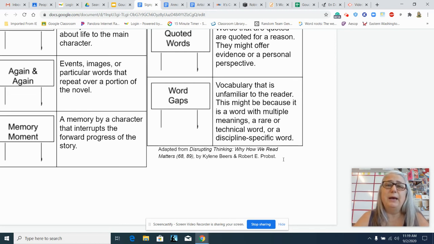If you're reading an article about a lunar module, something going to the moon, they might use some really technical words that have to do with the moon or space or aeronautics or the rocket or science in some way. So those are going to be words that the writer is using for a purpose.